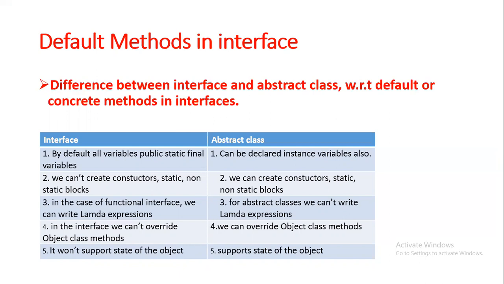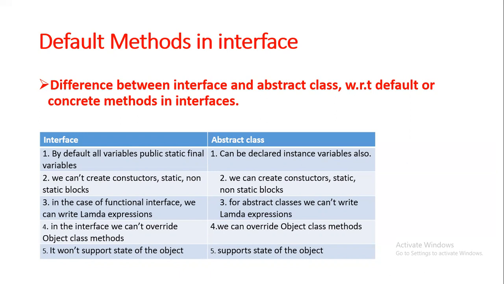Partial means half of the methods will be abstract and half will be concrete methods. So now, after Java 8, if in interface itself we are able to create concrete methods, then what is the use of abstract classes? Many people will wonder. So from Java 8, is interface an alternative, a replacement for abstract class?